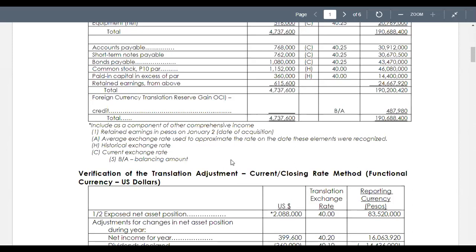According to this statement, revenues and expenses related to assets and liabilities translated at historical cost should also be translated at the historical rate.